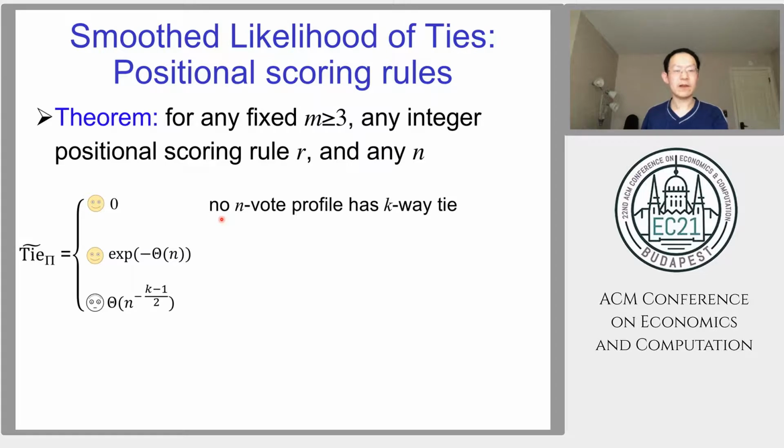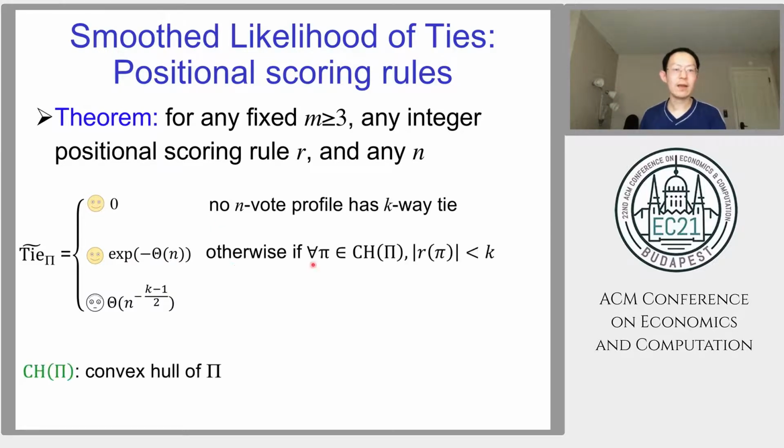The zero case is not interesting. It's basically just a definition. It says that if there's no n-agent profile that has k-way ties, then of course no randomly generated profile would have a k-way tie. The exponential case is somewhat interesting, I think.